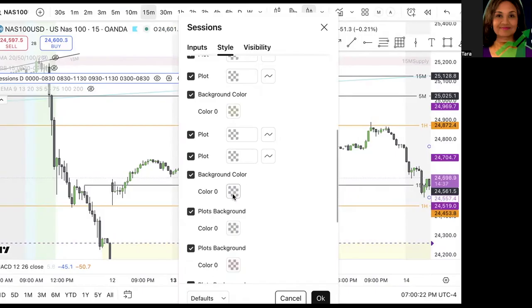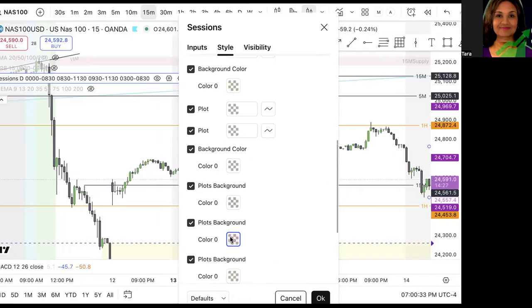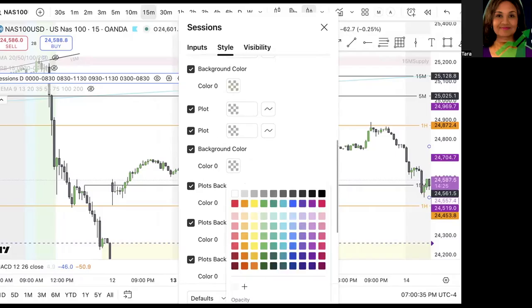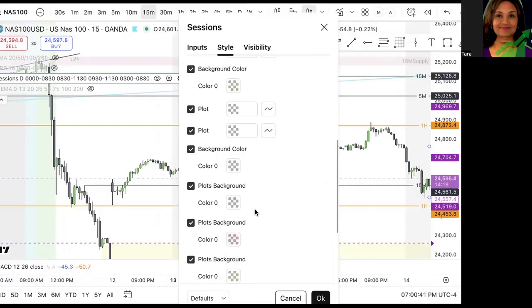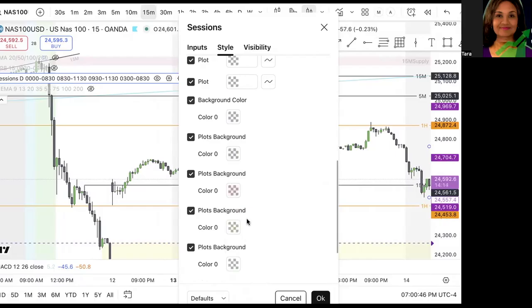And then this third background color is this one. And then I've got this one here. There's a yellow.